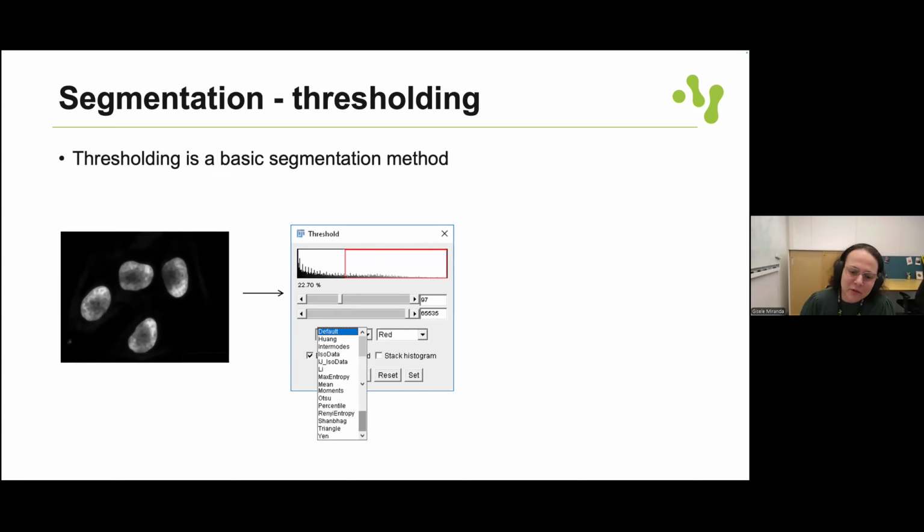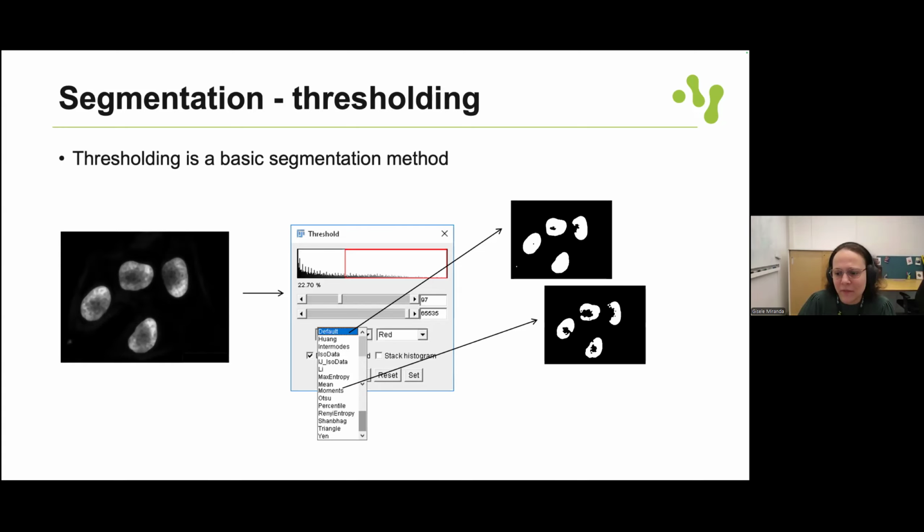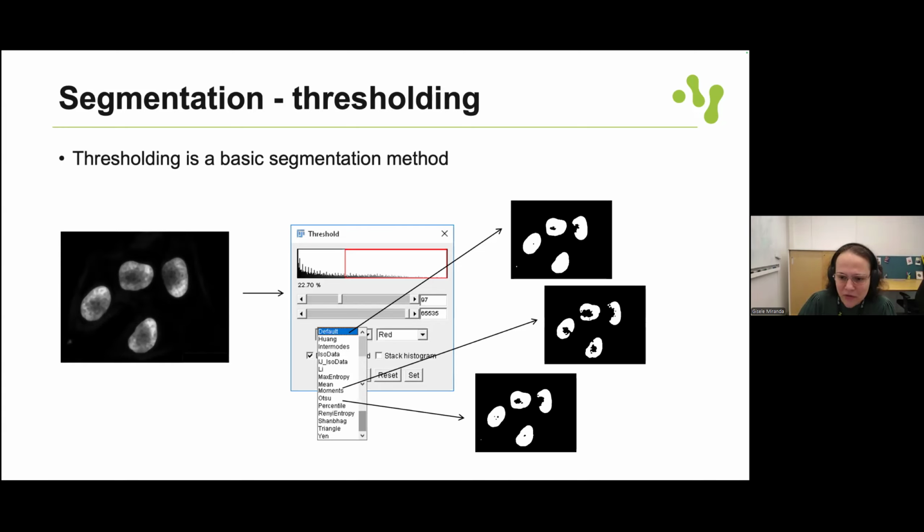It doesn't mean that you always have the same threshold value, but you are applying the same process to each image, so you're not biased. It's a less biased way to choose the thresholding. But you can see that if you choose different methods, you also get different results. There's no right or wrong. There is the method that will fit better to your purpose, to what you want to quantify.